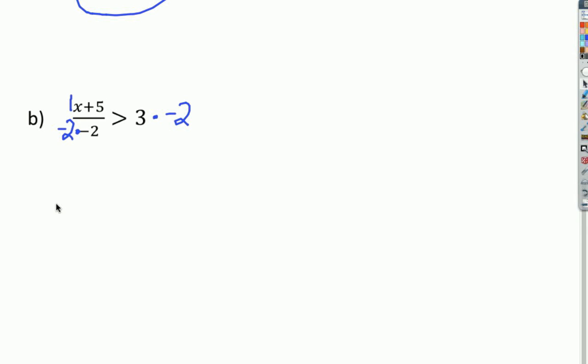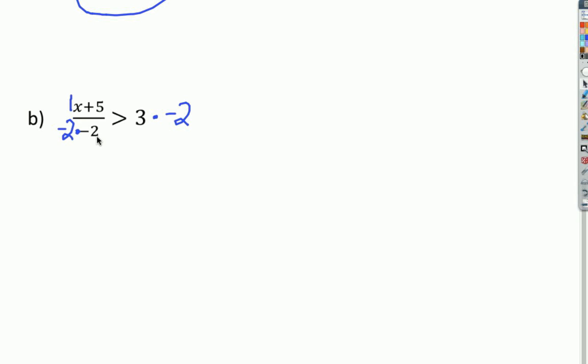If I look at your papers in your homework, a bunch of you wrote it like that. But that's actually totally incorrect, because if I multiply the denominator times -2, that's -2 times -2, that's 4. That doesn't cancel out. That turns into a 4.